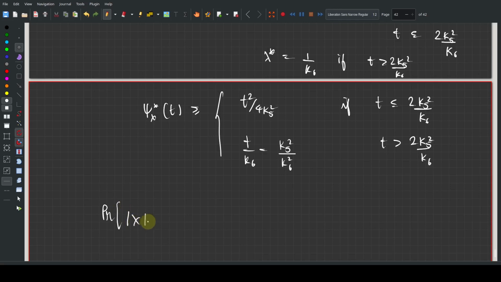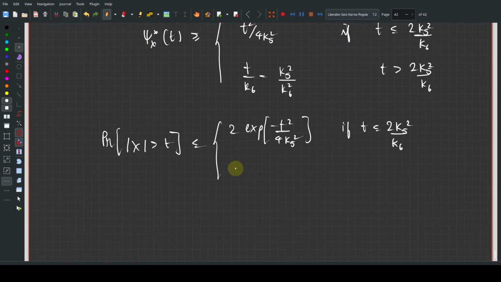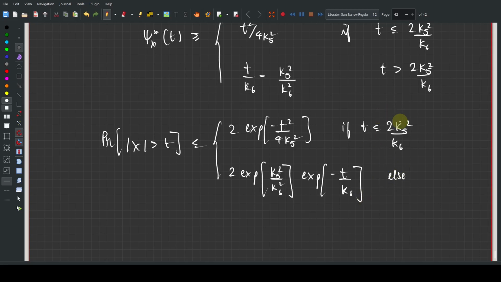Right, so probability of absolute value of x greater than t is less than or equal to 2 times e raised to minus t square by 4 k phi square if t is less than or equal to 2 k phi square by k6, and it is less than or equal to 2 times e raised to k phi square by k6 square, which is essentially a constant, times e raised to minus t by k6 if t is greater than 2 k phi square by k6.